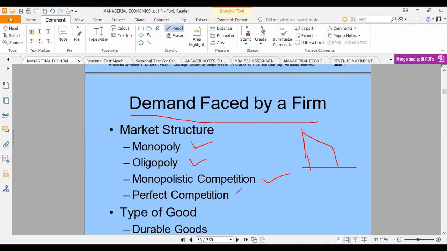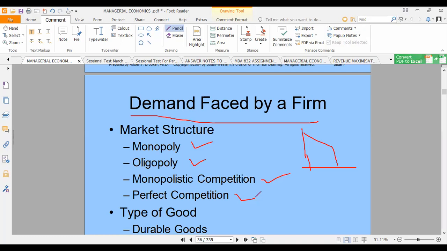We also have what is called the perfectly competitive market, or perfect competition, where you have many buyers and sellers, and the type of good in this market structure is typically the same. We are dealing with markets like an agricultural shop at Soweto market. Here the goods are homogeneous, very identical.